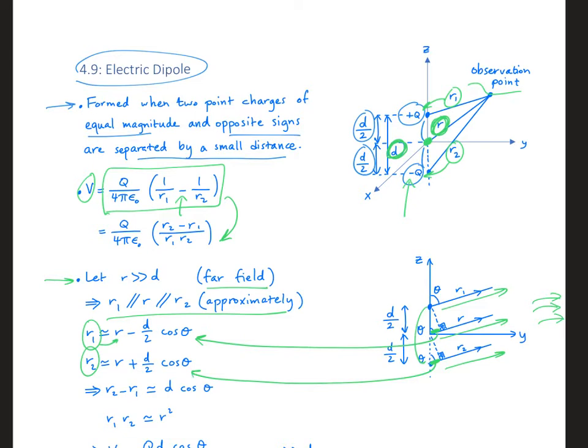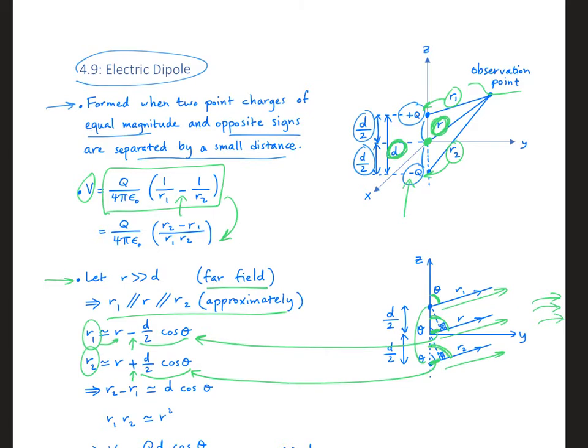From the definition of cosine being the adjacent divided by the hypotenuse, the hypotenuse in this case being d over 2, and what we're calculating here is the adjacent. Then in this case we subtract, and in this case we add a term of d over 2 cosine of this angle, which again we approximate as equal to this angle and this angle.